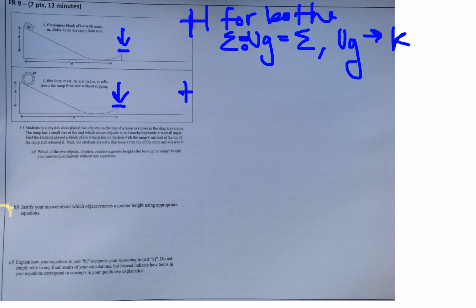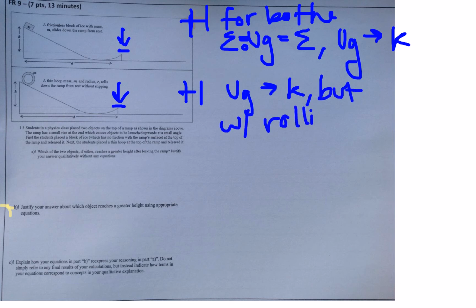Alright, next, you need to indicate that although both of them have their potential turned into kinetic, and I'm writing with variables to save room, you would say this in words, that your potential goes to kinetic, but with the rolling object some of it is not turned into translational, it's turned into rotational.